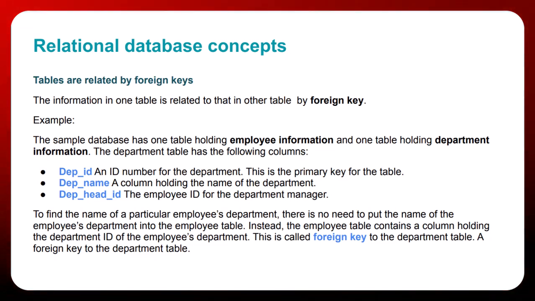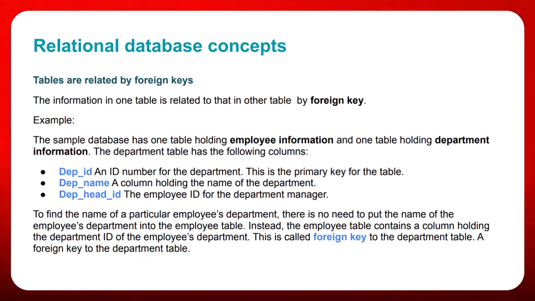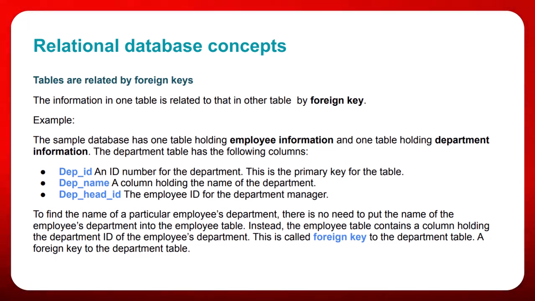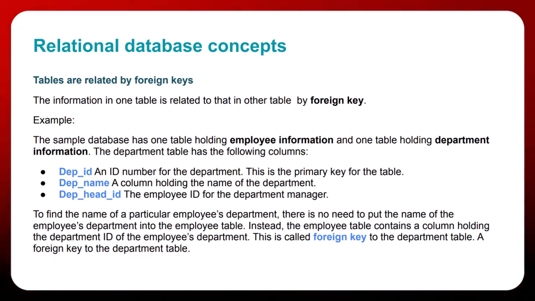So to find the name of a particular employee's department, there is no need to put the name of the department into the employee table. Instead, the employee table contains a column holding the department ID of the employee's department. This is called a foreign key to the department table. Foreign key. I'll just repeat the statement.